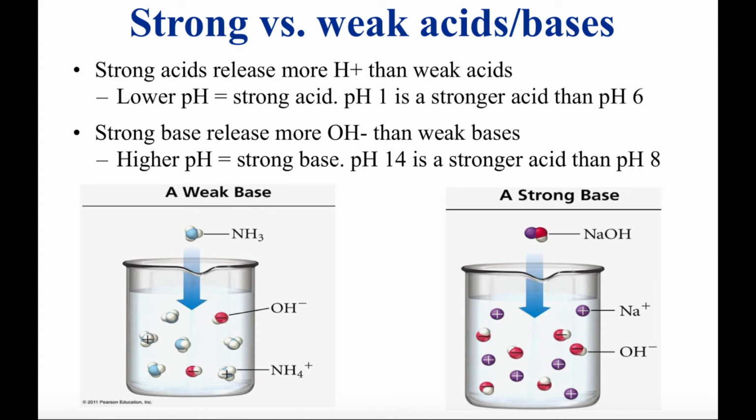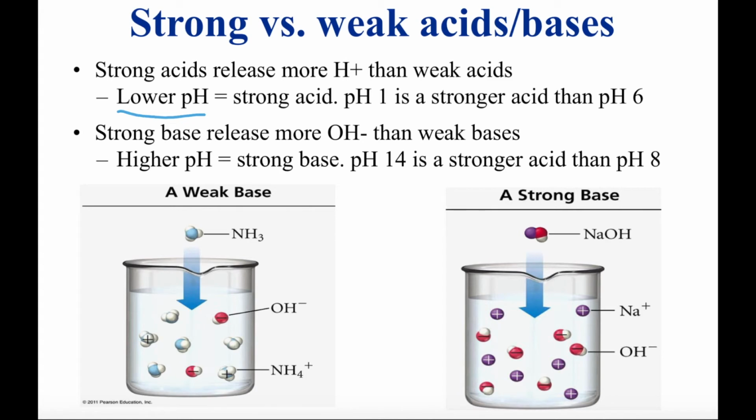Alright, so the big thing here is you should know strong versus weak acids and bases. A strong acid just means there's a higher amount of that critical thing, the extra hydrogen ion. And a strong base just means it has a higher amount of the hydroxide ion. If someone says they have a strong acid, it actually means that they have a lower pH within the acid range. So an acid that has a pH 1 is a much stronger acid than an acid that has a pH 6.